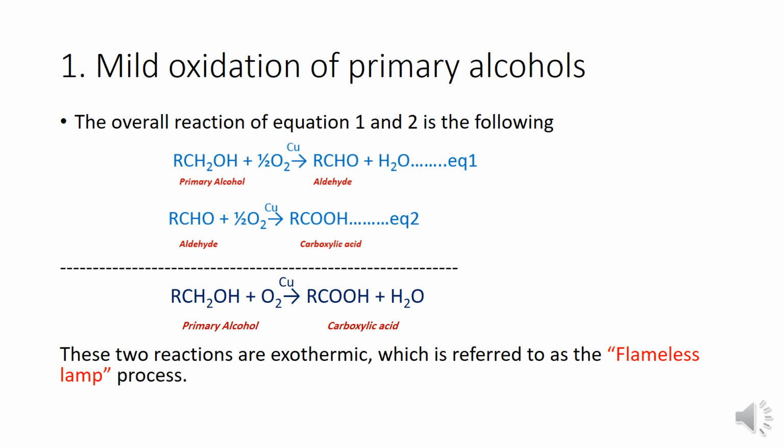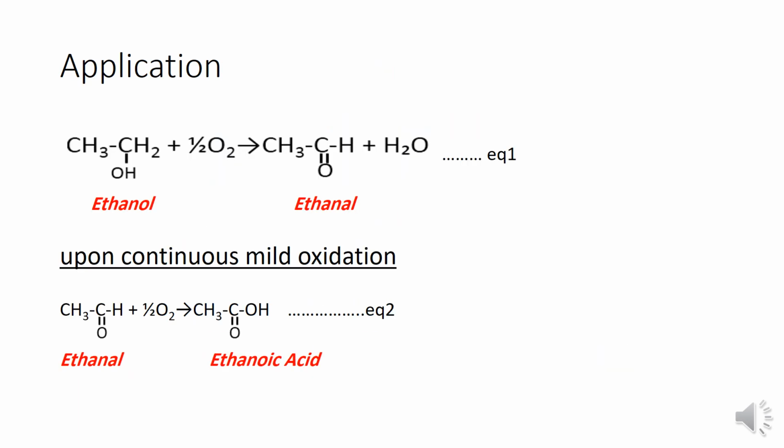These two reactions are exothermic, which is referred to as the flameless lamp process because it is exothermic. Now, application on primary alcohol. Let's take ethanol that consists of two carbon atoms.